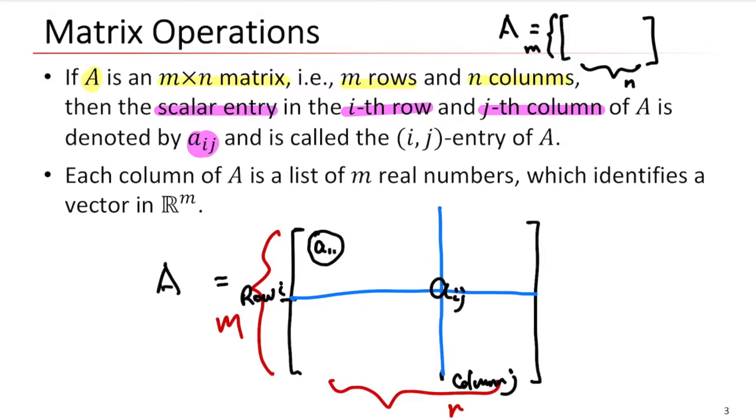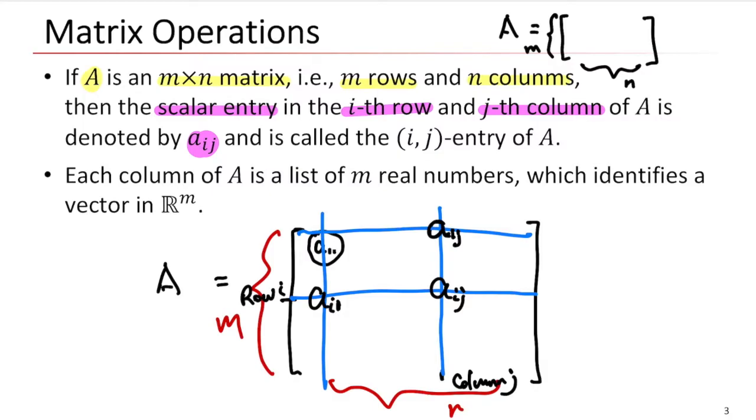What about this? This is the first row with the jth column, so it should be a1j, right? What about this? The ith row with the first column, so it should be like this.